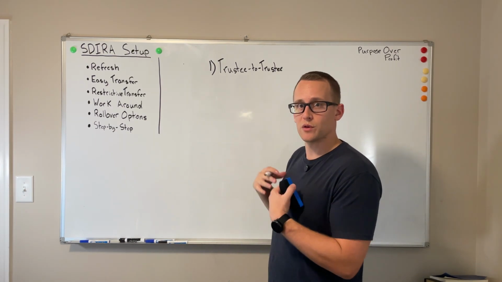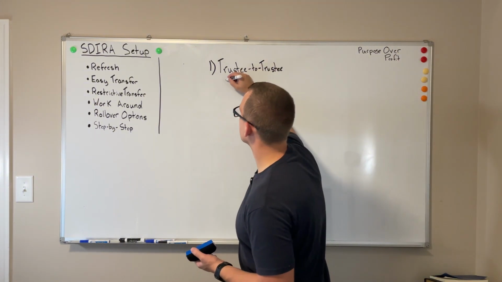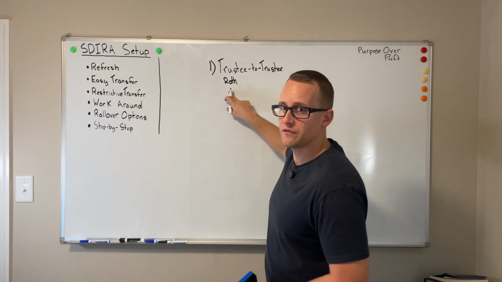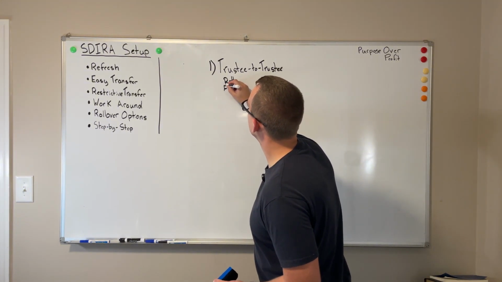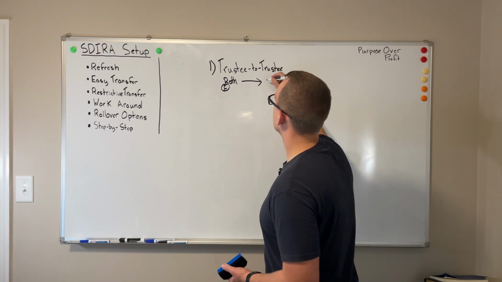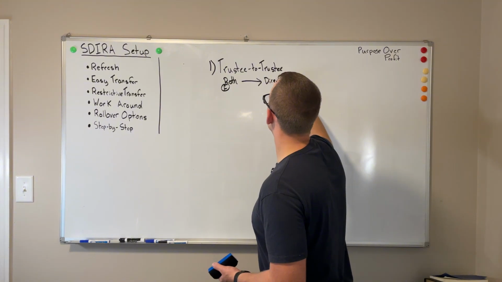That was my personal account. So say it's a Roth in this example, held at Fidelity, F for Fidelity. I'm going to transfer that to a directed IRA, in my case.